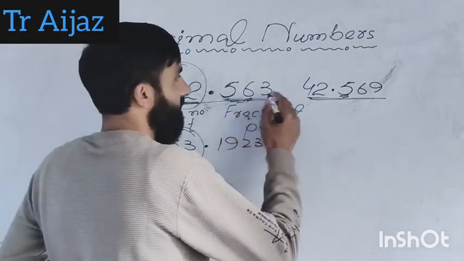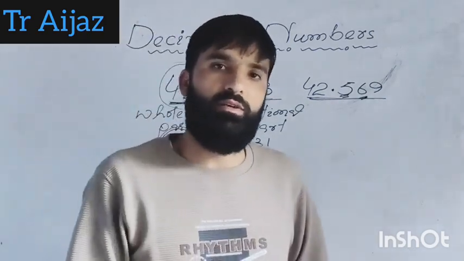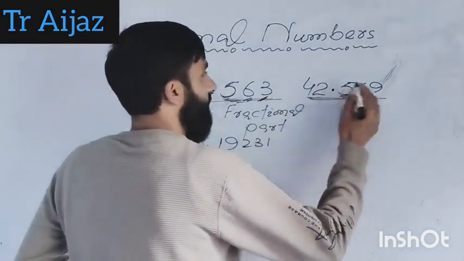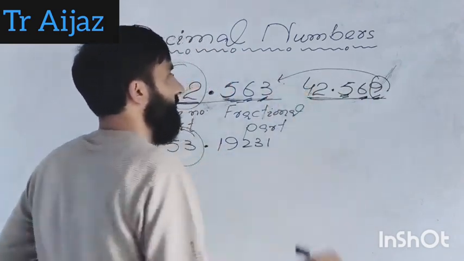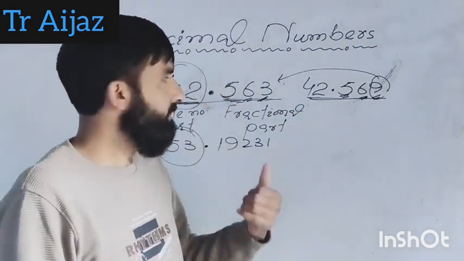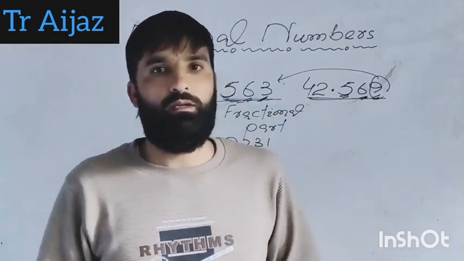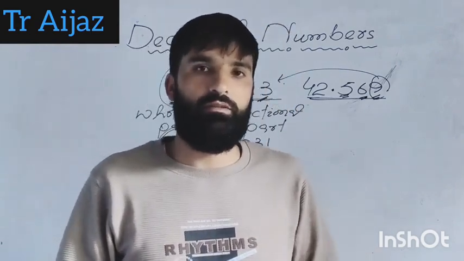Second, this is 6, here is again 6. So up to this place, the numbers are again the same. And the third one, this is 3, and here this is 9. Now we know 9 is greater than 3. So we say 42.569 is greater than 42.563.